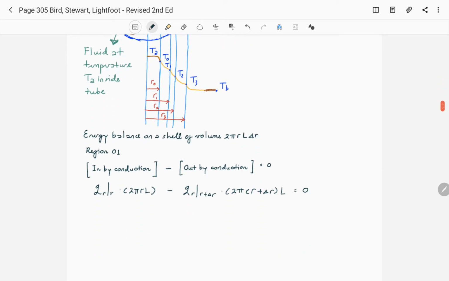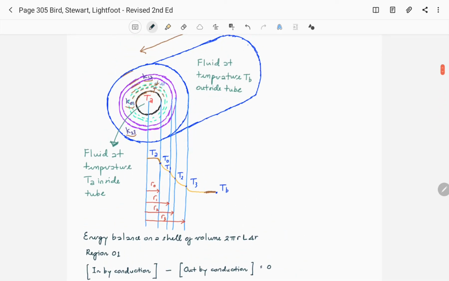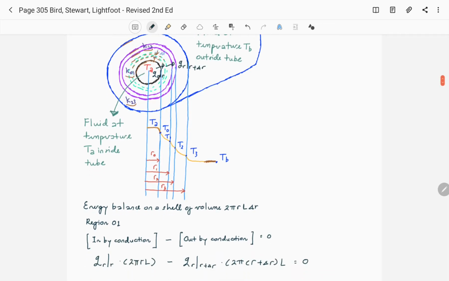If we look at it in here, one is in here, so this will be q_r at R. The other one is in here, q_r at R plus delta R.